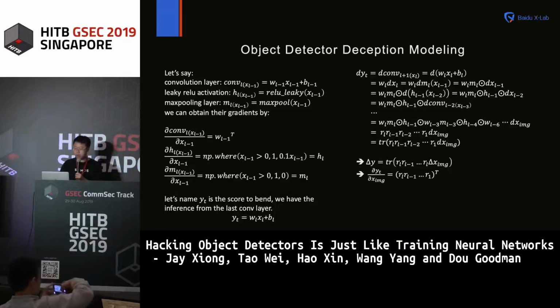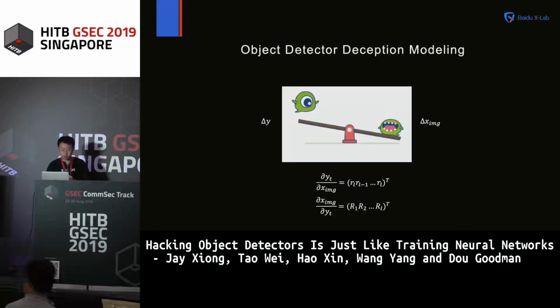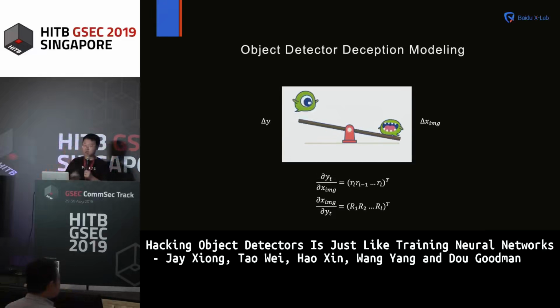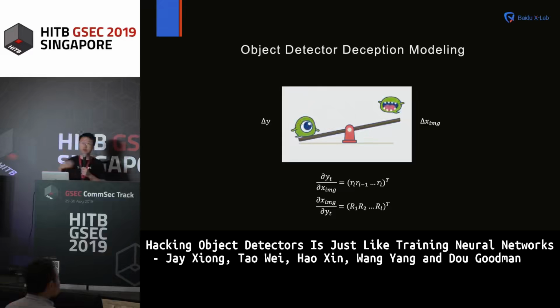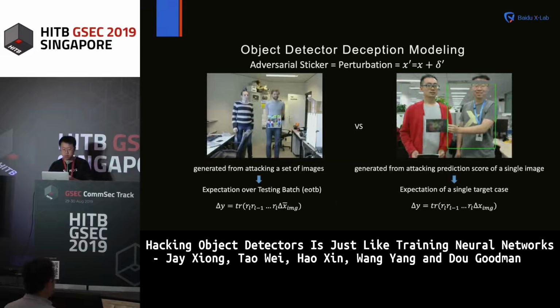We know the relationship between the input and the target is proportional to each other, through many matrix multiplication transposes. This is how we actually control the model output, and this is the basis of the deception technique.